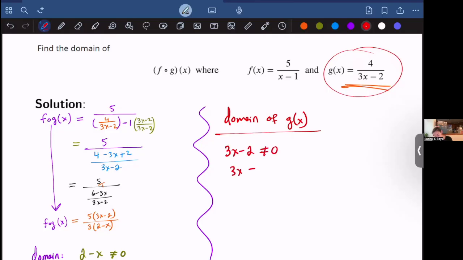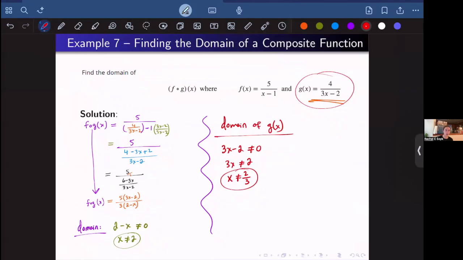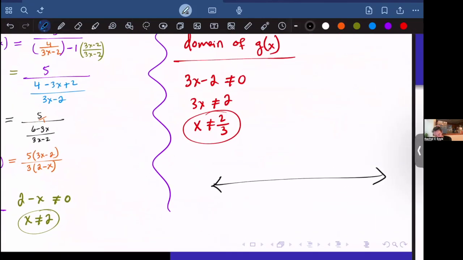So 3x can't be equal to 2, which means x can't be equal to 2/3. Okay. How do we represent these two values graphically? Well, they're just 2 points that are excluded from the domain.